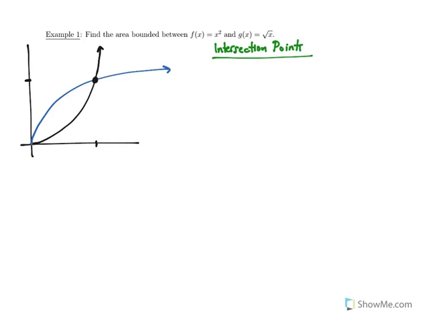The intersection points we can find by setting the functions equal to each other. So we could set x squared equal to square root of x and solve for x. In order to do that, we need to square both sides. That'll give us x to the fourth equals x.